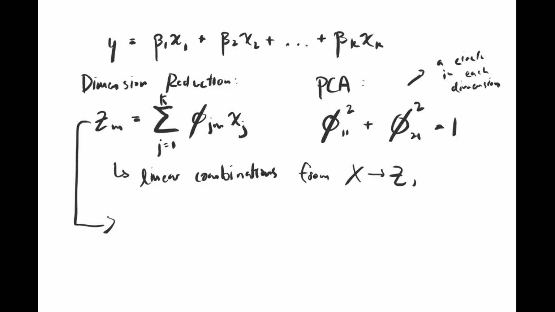Oh, I should say, importantly, M is less than K. So now our regression equation will look something like this. Instead of beta, I'm just going to put theta to represent a different set of coefficients.